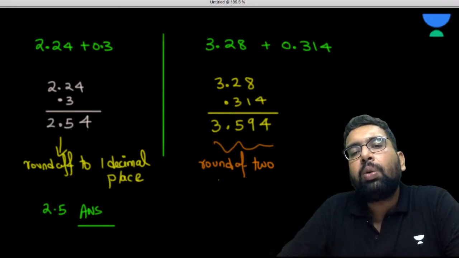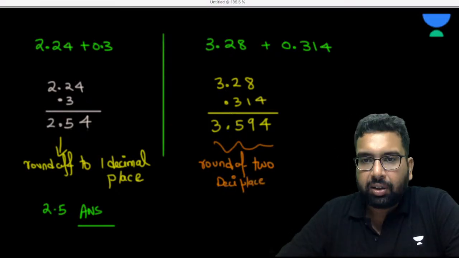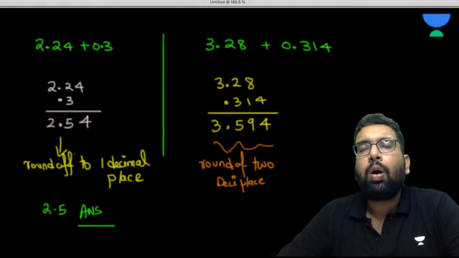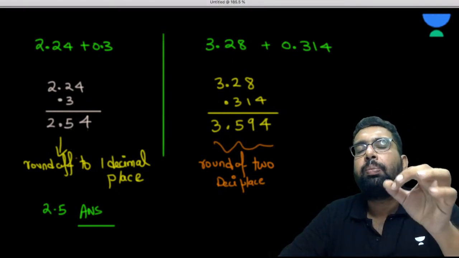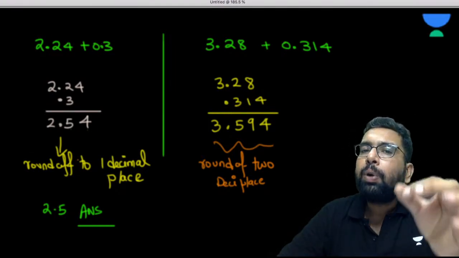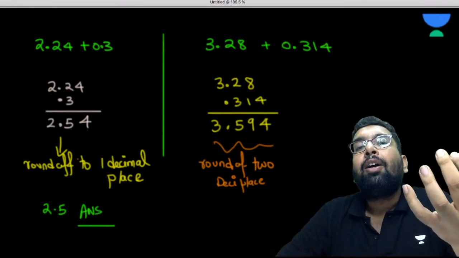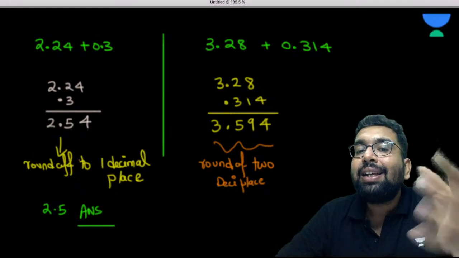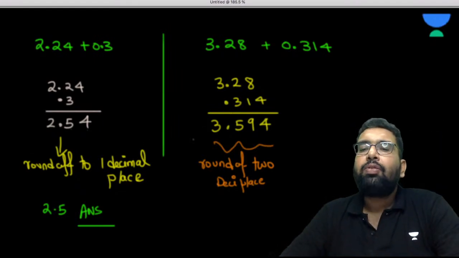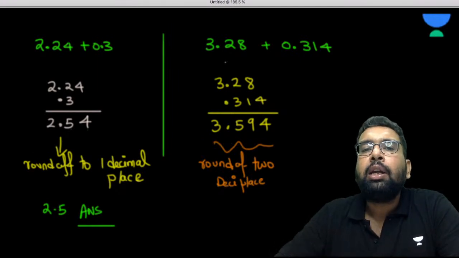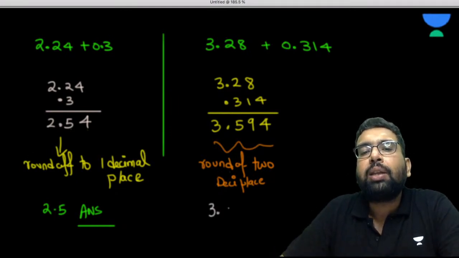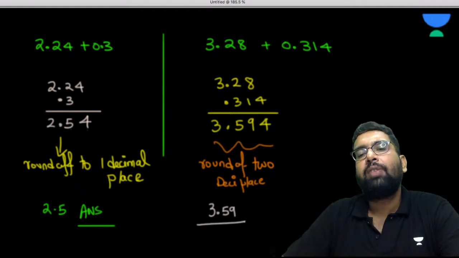Sir, because we have learned that whenever we are adding or subtracting, the final answer should be rounded off to the number of decimal places in the value with the least decimal places. Okay. So what is the value with the least decimal places? It is 3.28, so the least decimal place is 2. So we want to round it off to two decimal places.